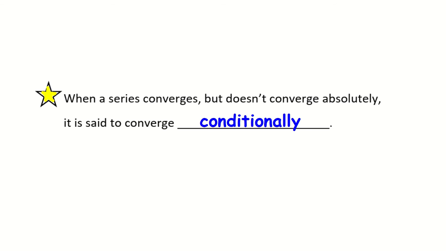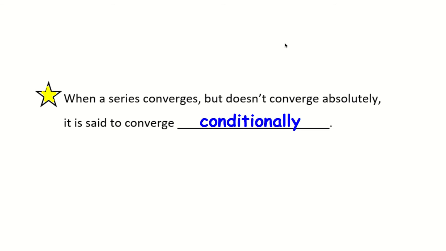Perhaps you recall from last lesson that if you can throw an absolute value on your series and it converges, then you're allowed to say that it converges absolutely. So converging absolutely means it converges when you put absolute value into the series.